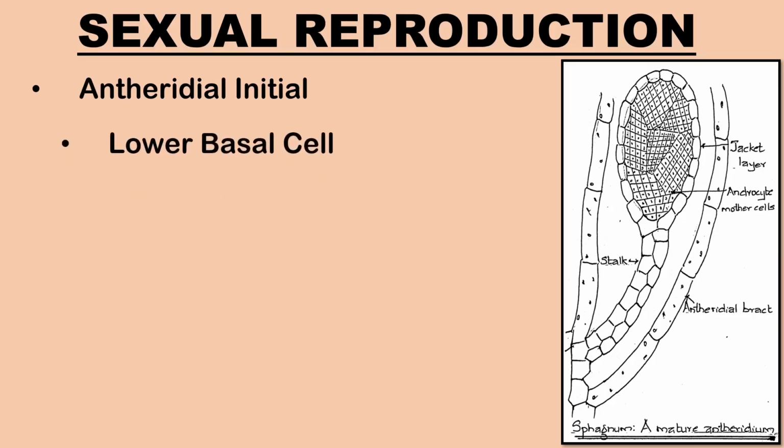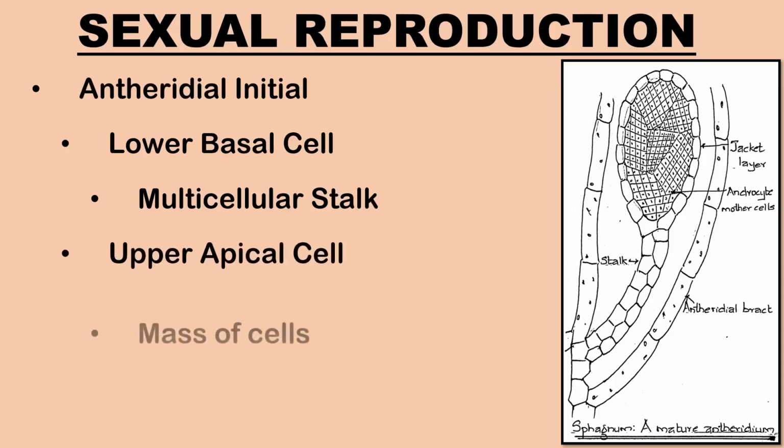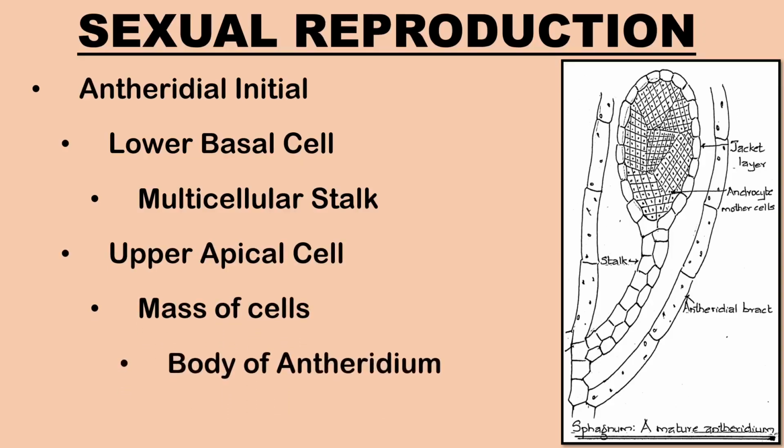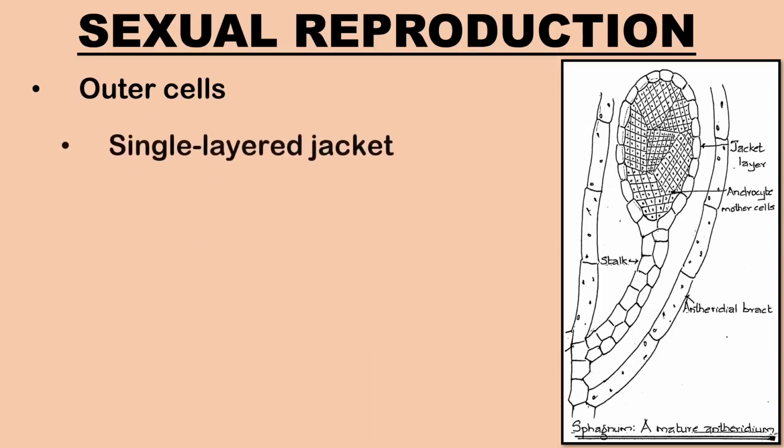The initial divides transversely to form a lower basal cell which forms the multicellular stalk and an upper apical cell which forms a mass of cells and develops into the body of the antheridium. The outer cells differentiate into a protective single-layered sterile jacket.